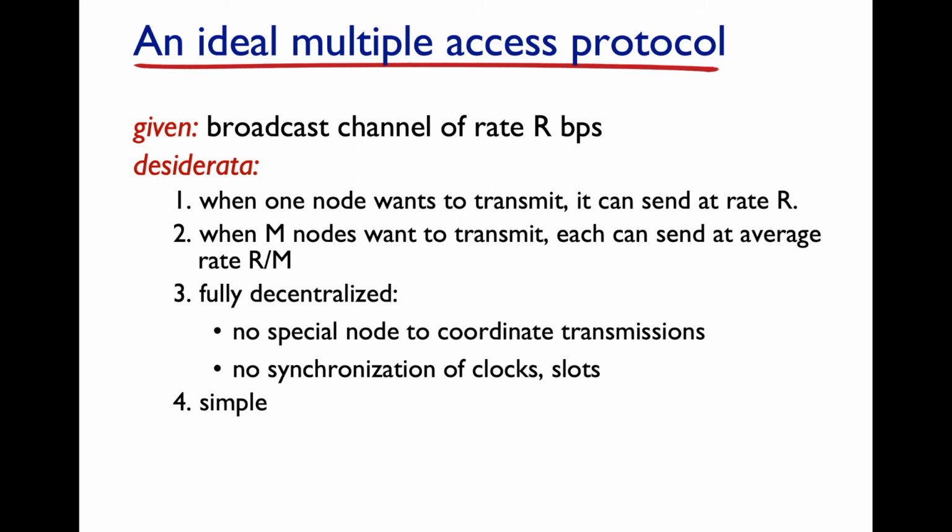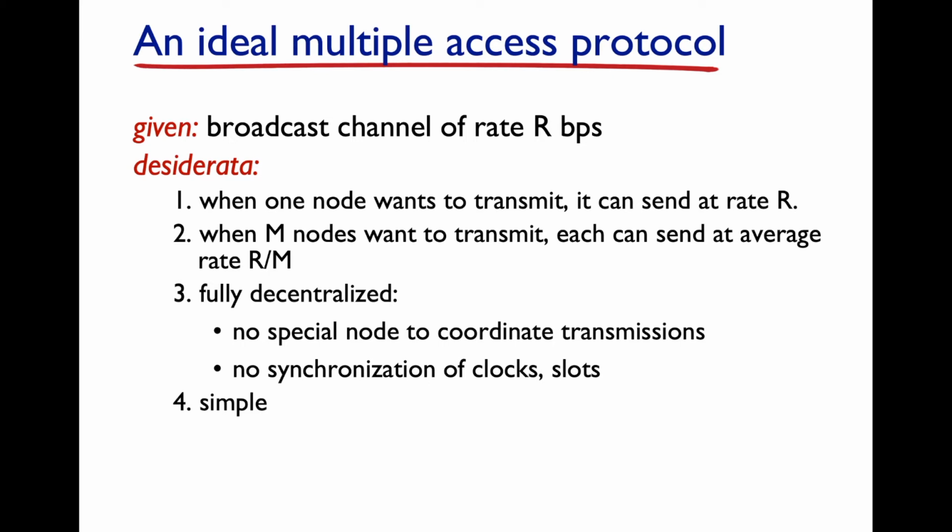An ideal way to do this: suppose you have a broadcast channel that has a certain transmission rate, R. You want to know that when one node wants to transmit, it can send at that rate for the available bandwidth of that channel. And you also want to know that when M nodes want to transmit, each gets a fractional portion of that transmission rate R, namely R divided by M. Moreover, the access protocol needs to be decentralized.